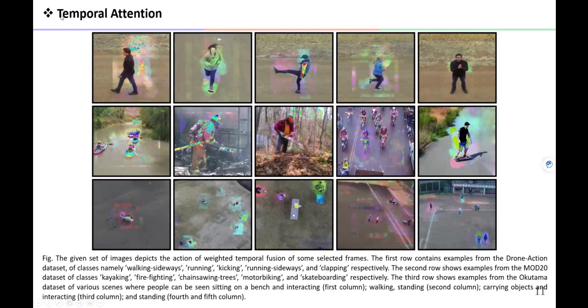So the first row shows the outcome we received on the DroneAction dataset. Second row represents the outcome on the MOD20 dataset, and the third row represents the outcome by the SWTF model for the third dataset, of different activities and actions performed by different users in the frame.